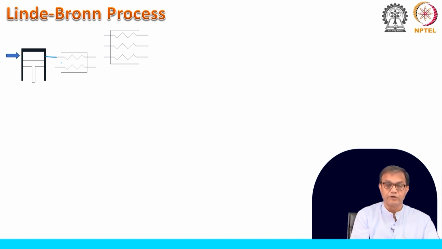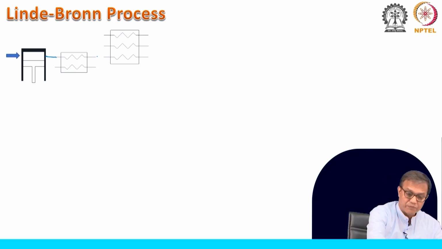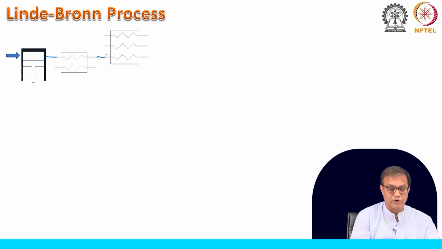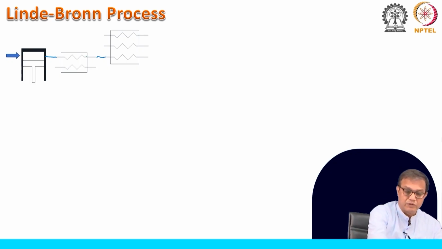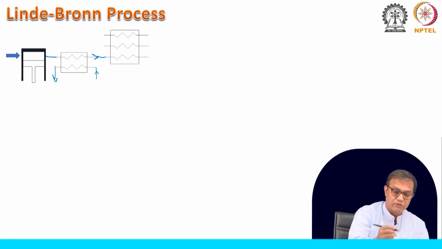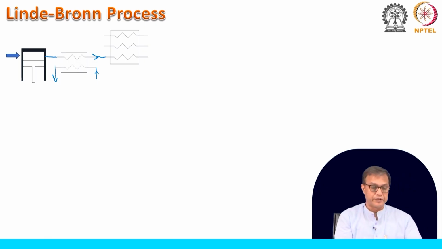We will try to identify all the streams later on. This is how it comes from the compressor to the first exchanger, where, as I told you, it is cooled with ammonia. So, we are using ammonia to cool this incoming high pressure coke oven gas.